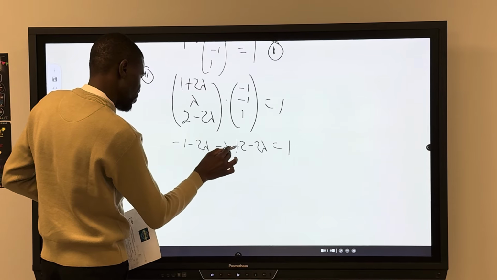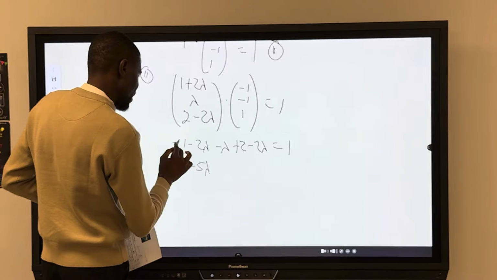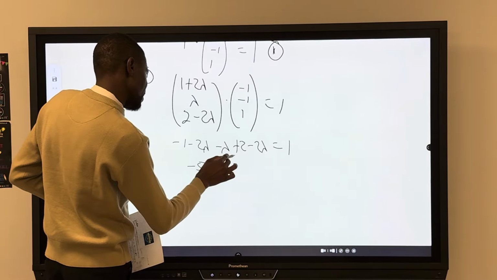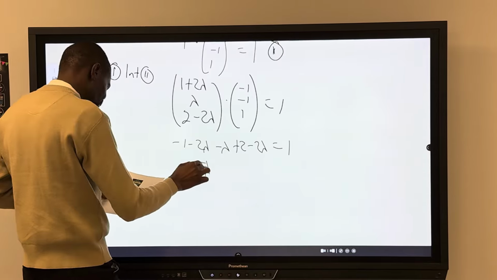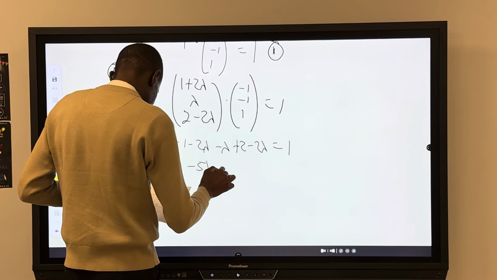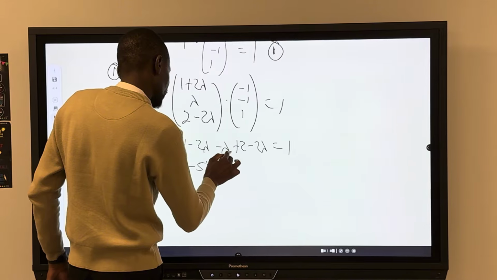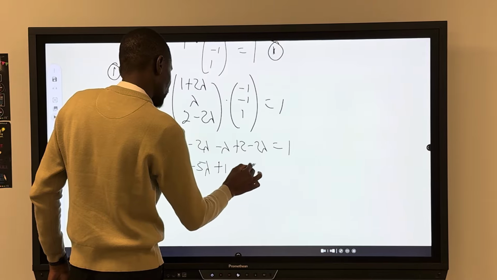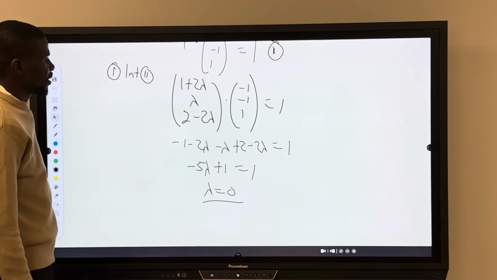So negative 5 lambda, then negative 1 plus 2, that's 1 equal to 1. So lambda is equal to 0.